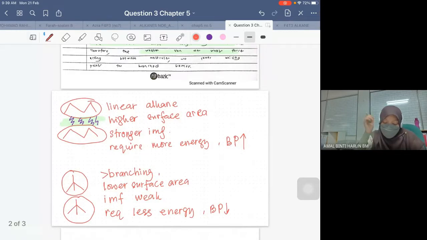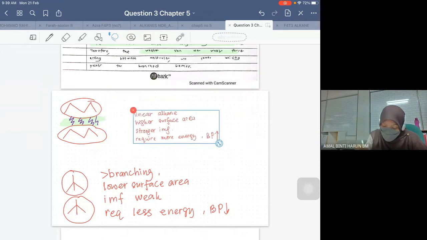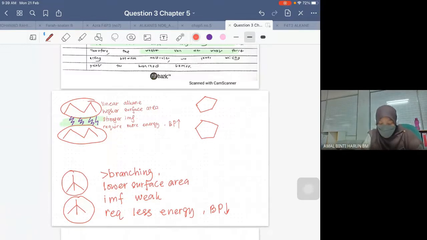Satu lagi, kalau kita compare, total number of 5 carbon juga kan, kita ada cyclopentane. Okay, let's say we have cyclopentane. 5 carbon juga. Okay. So you imagine that cyclopentane ni dia macam satu kertas lah, sekeping kertas.